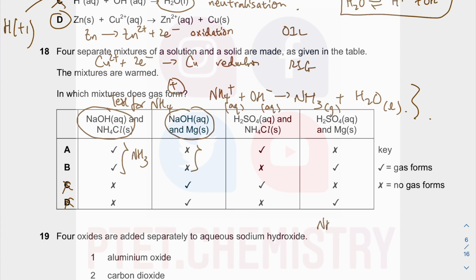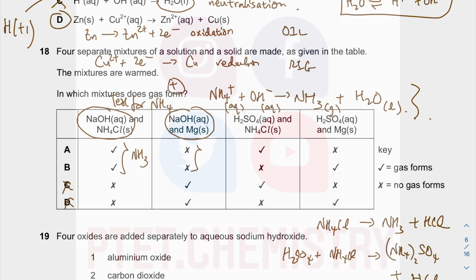Because when you think about ammonium chloride, it can give off NH3 plus HCl. So when you have H2SO4 plus NH4Cl, the H2SO4 can react with the NH3 and you can get (NH4)2SO4, and then you just get back the HCl. So to balance the equation, I can get 2 of it and 2 of it. You don't get any gas, you form another salt.